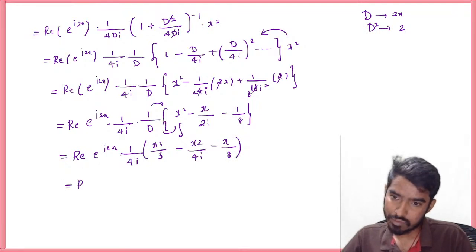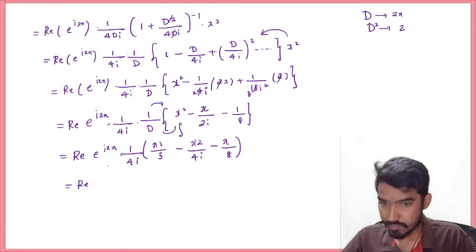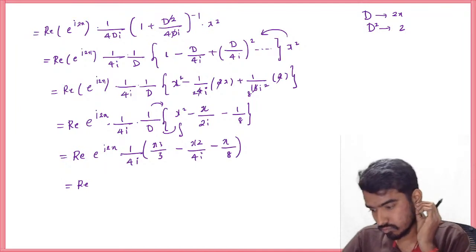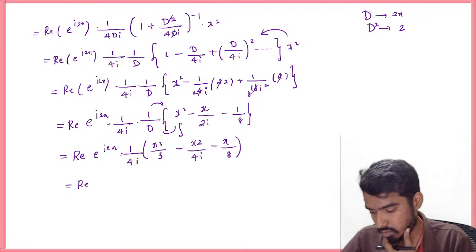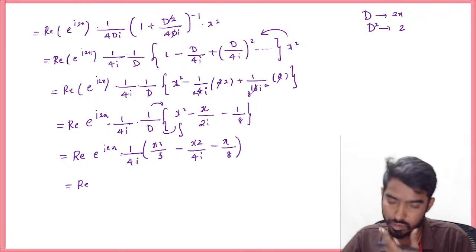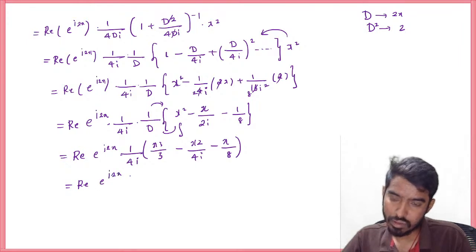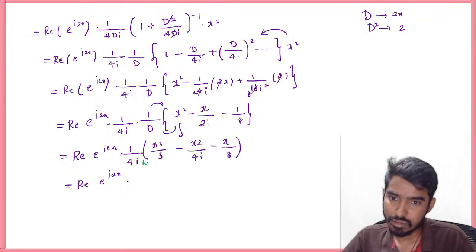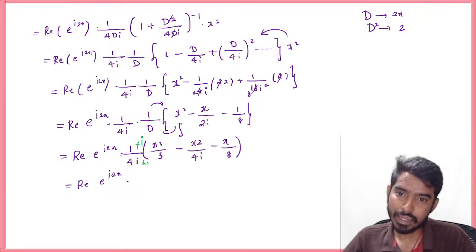So this will be real part of e power ix. Let us multiply this i here. So this will be i square is minus 1.